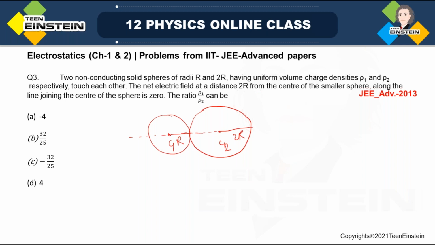If we see 2r distance, this is r, this is another r, so this much. I can have 2 points, P, and on this side also there is another point Q which is at 2r distance from the center C1.